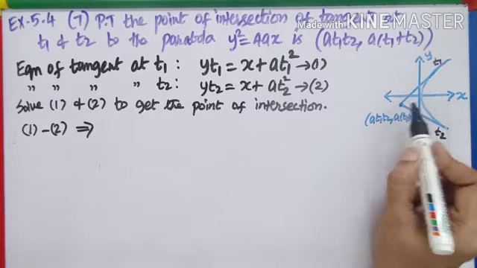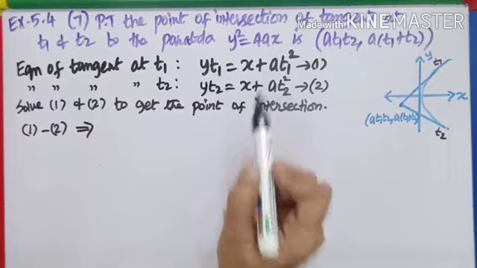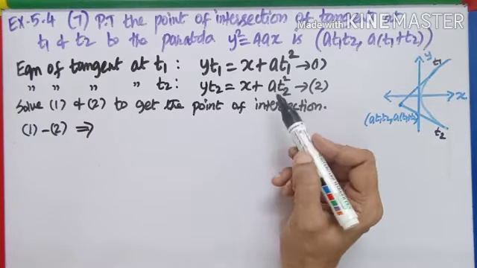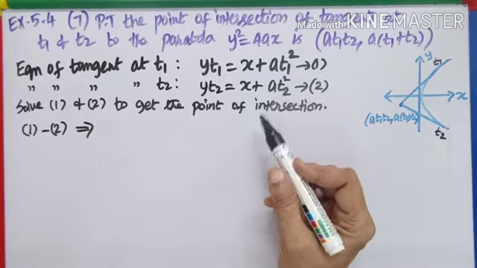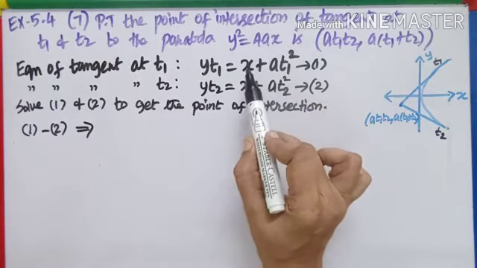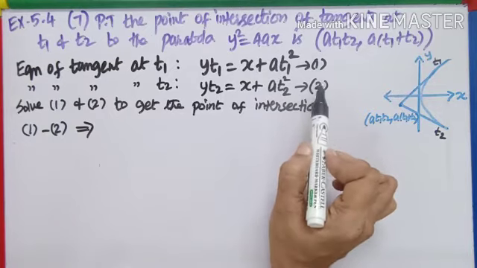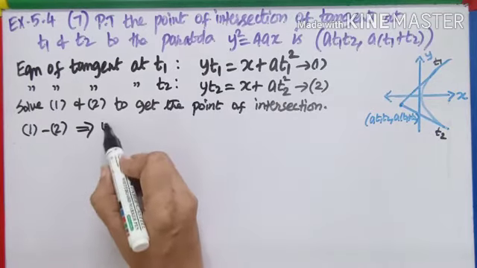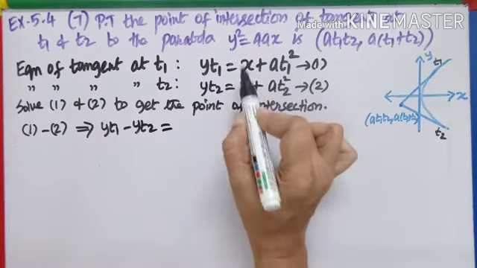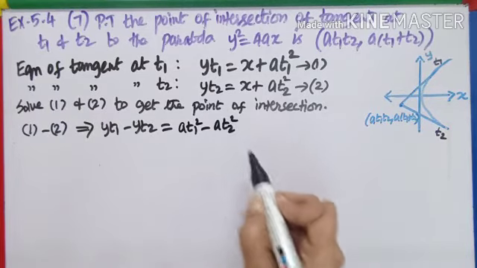So we must remember how to write the equation of the tangent at T1 and T2. Once I have written the two tangents, the second step is to solve, because whenever we come across a point of intersection, we solve the two equations. As we subtract, 1 minus 2 gives me y T1 minus y T2 equals x minus x cancels, a T1 square minus a T2 square.